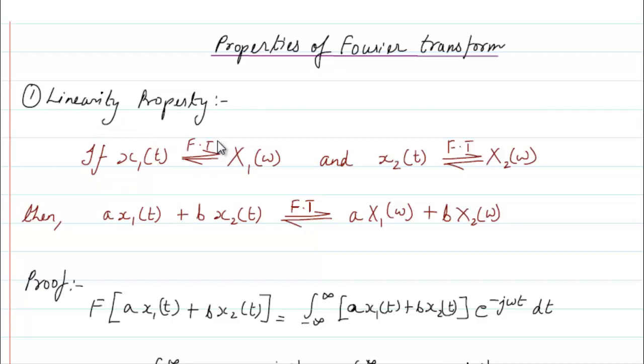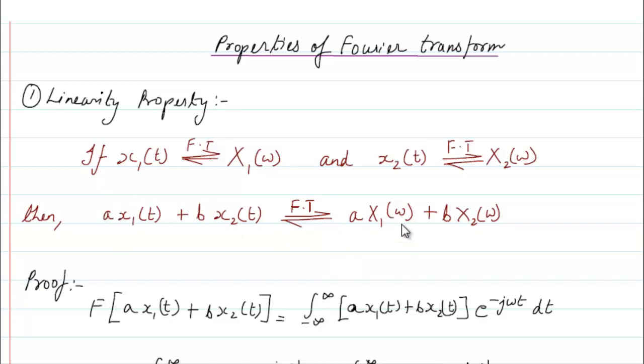First is the linearity property, which says that if you have a function x1 of t, which has a Fourier transform of x1 of omega, and another function x2 of t, which has a Fourier transform of x2 of omega, then if you want to combine both these functions x1 of t, x2 of t into a single function with some multiplication factors a and b, then the Fourier transform of that will be, you take x1 of omega, you multiply it with a.